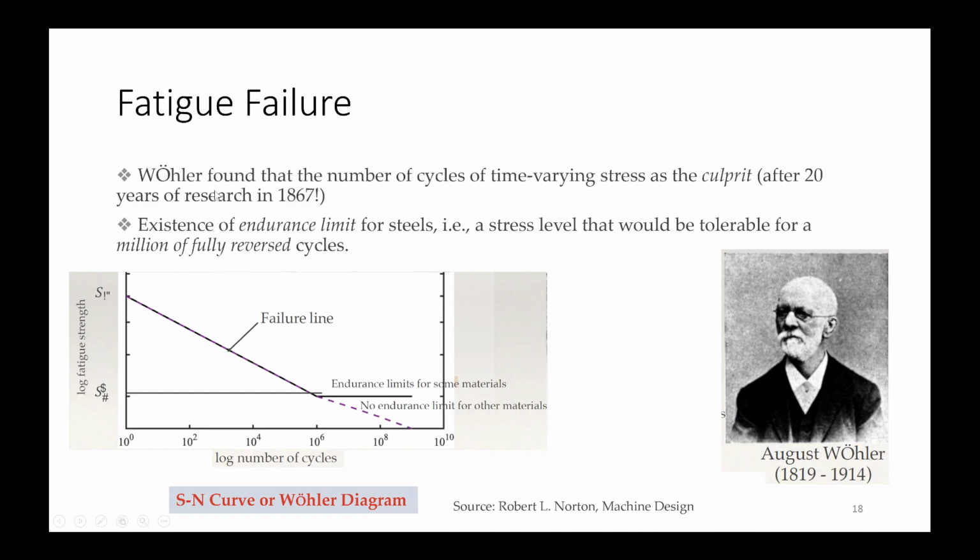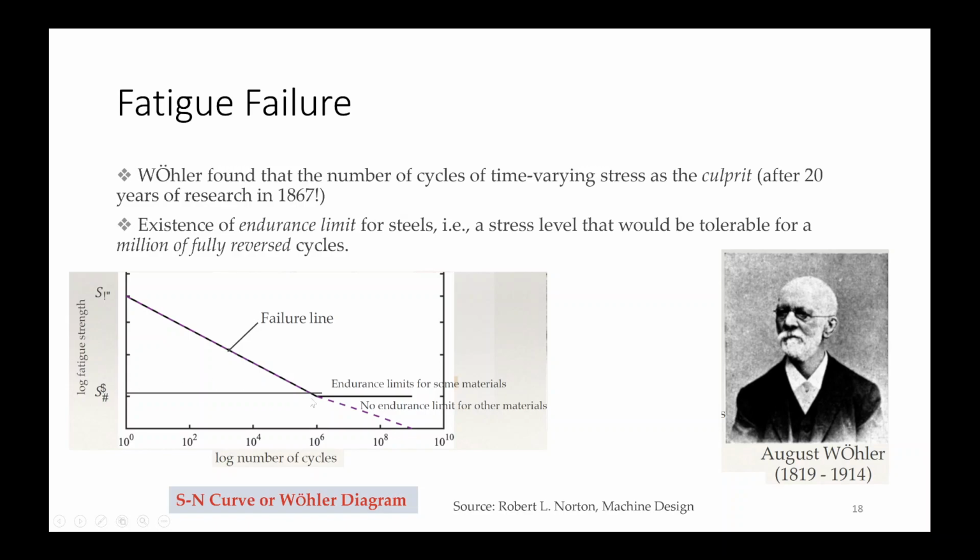Fatigue failure was first noted by Wöhler, who found that the number of cycles of time-varying stress was the culprit for these types of failures. He did this study for around 20 years, in 1867. He found that there was an endurance limit for steels, for example a stress level that would be tolerable for 1,000,000 fully reversed cycles.